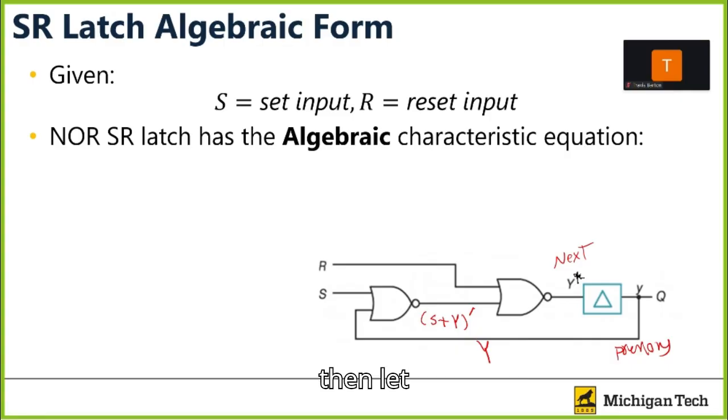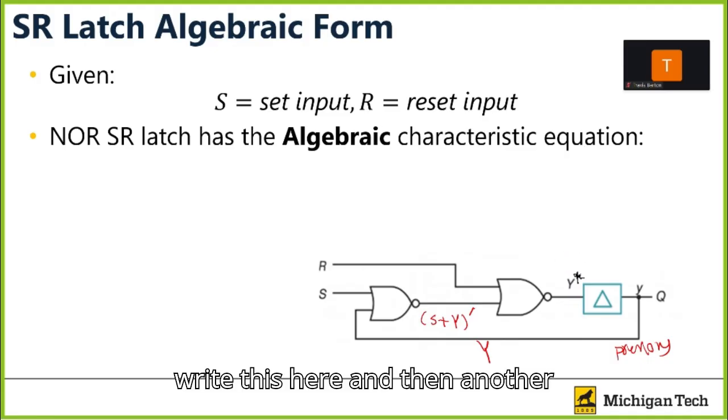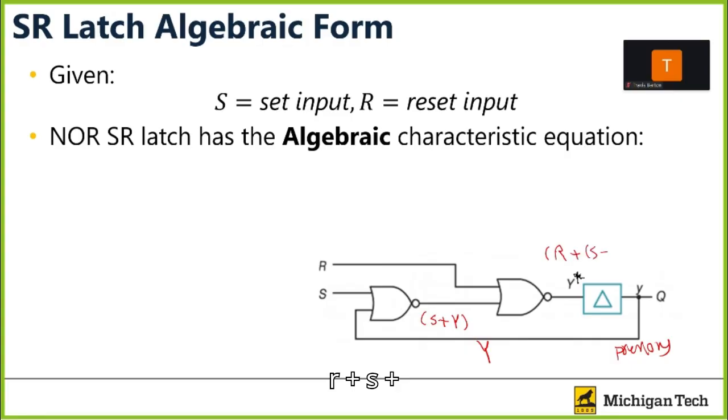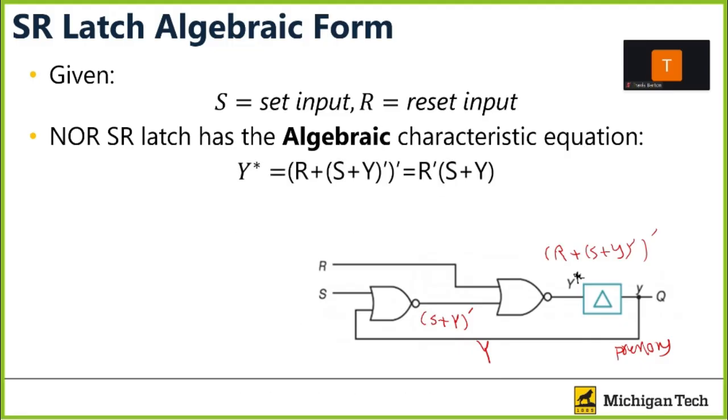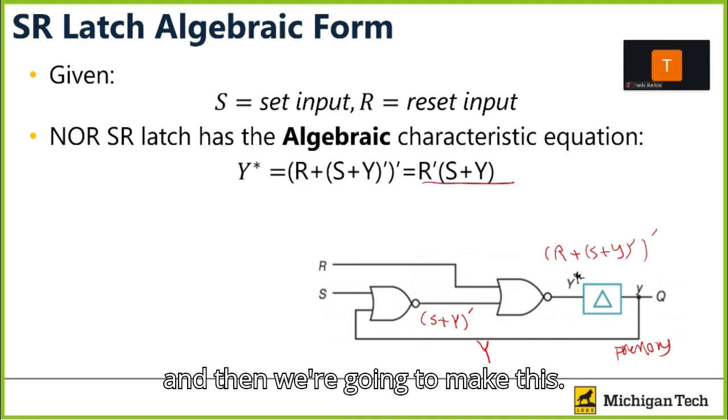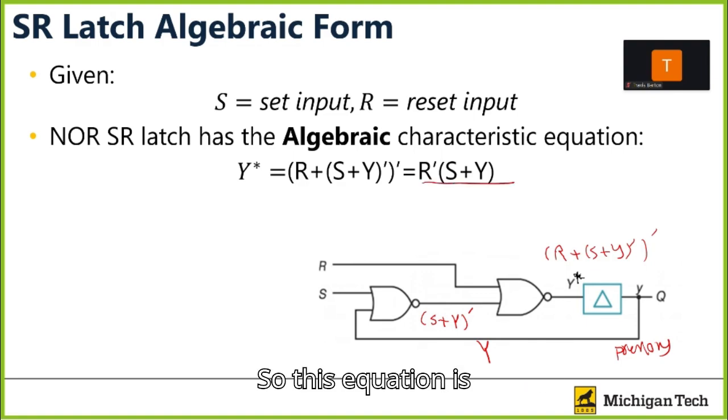And then let's write this here, and then another R plus S plus Y. Oh, this actually has one bar and then another bar. So if we write them up, and De Morgan's law is going to make this. So this equation is the algebraic equation for the SR latch.